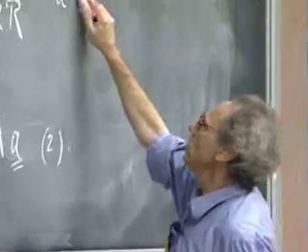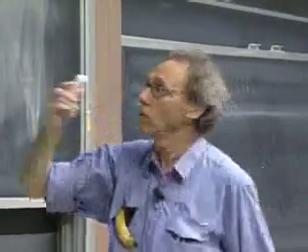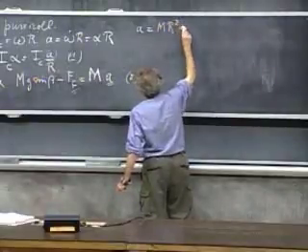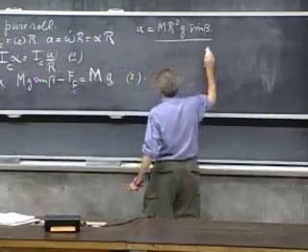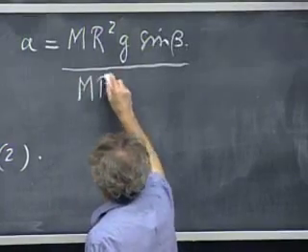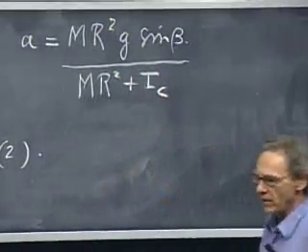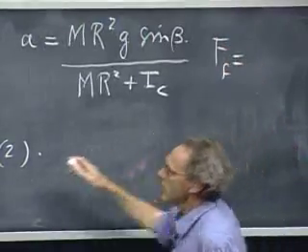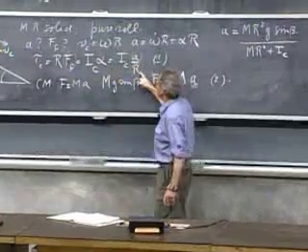A, the acceleration, under the conditions of pure roll, but only under the conditions of pure roll, equals mr squared times g times the sine of beta divided by mr squared plus the moment of inertia about that point C. And the frictional force, you can see from this equation, is the moment of inertia times A divided by R squared.